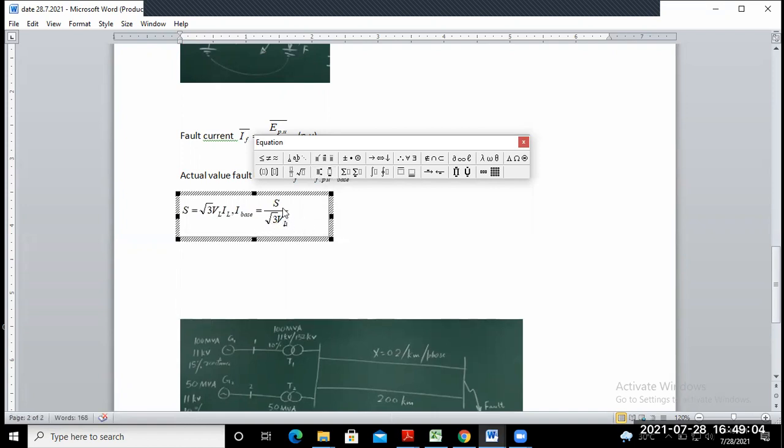This is your base current. If you multiply this base current by the per unit fault current, then you will get the value of fault current in actual value.